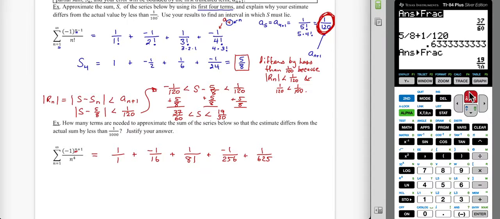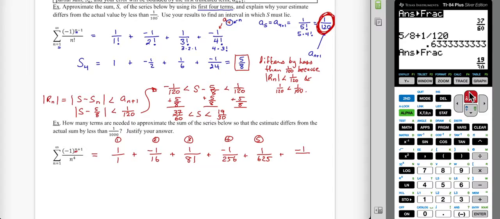So this is first, second, third, fourth, fifth, plus negative 1. So we're up to 6 now, right?